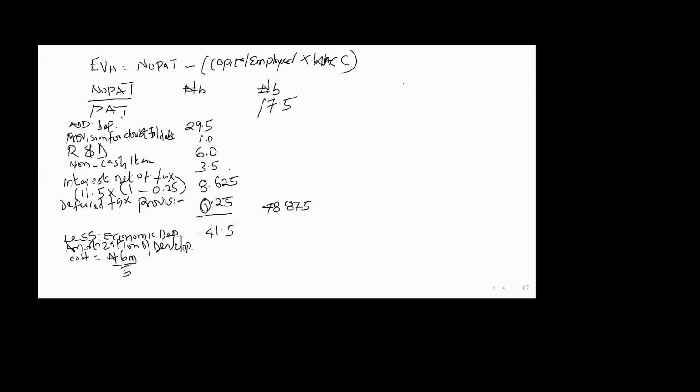What do you have? 1.2. Is that 1.2 million we are now going to deduct, not the 6 million? So these two items will be deducted. Please add 41.5. This will give me 42.7.